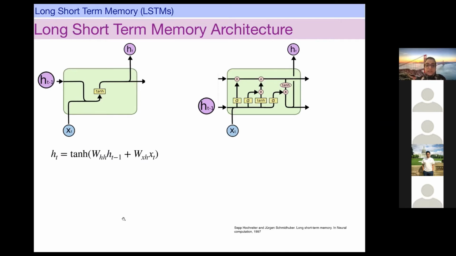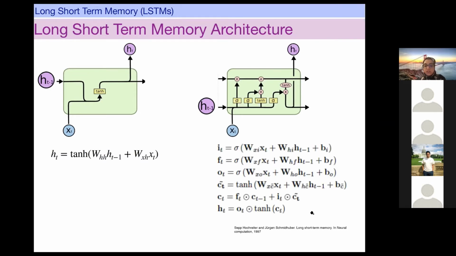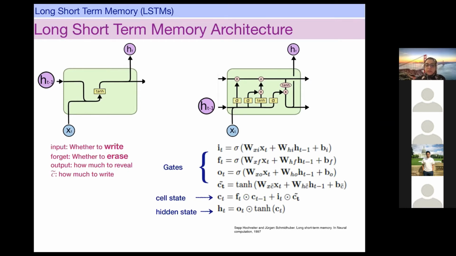We used to have this hidden state, and now we have all of these different gates. We still have a gate that represents the hidden state. So this is h of t, which represents the hidden state. But now we also have a cell state. And then we have 4 gates, which are the input gate, forget gate, output gate, and C tilde.